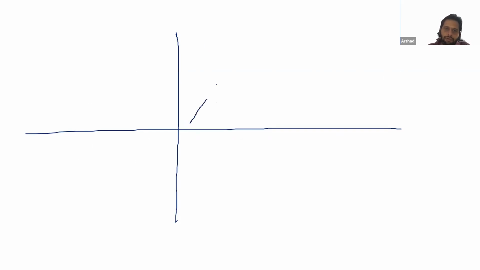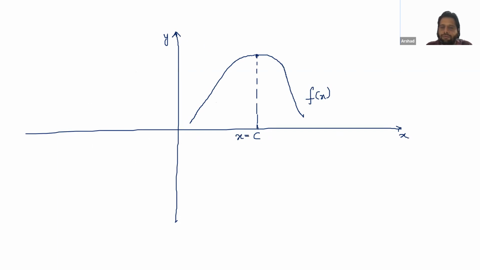Suppose we have this graph like this. This is x, this is y, this is your graph f(x), and suppose this is your point C. If you analyze this graph, you can see that at this point x equal to C, the function has the maximum value.